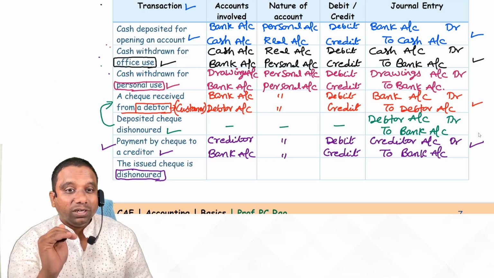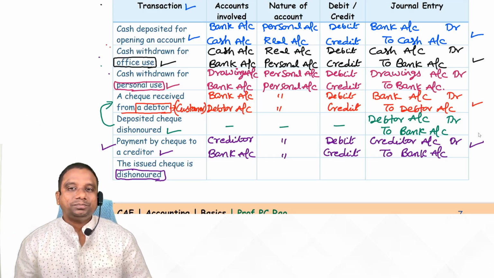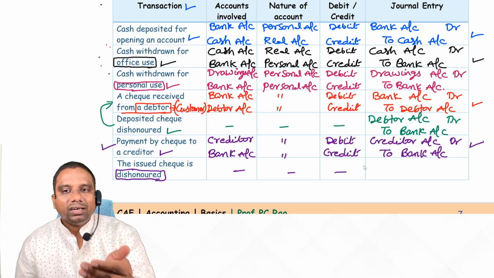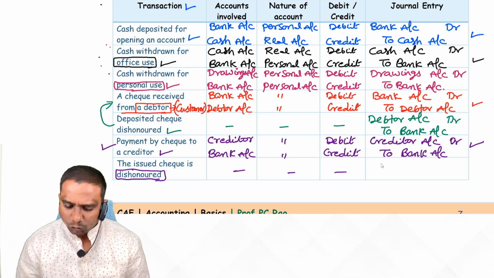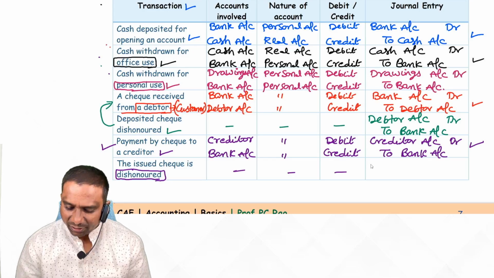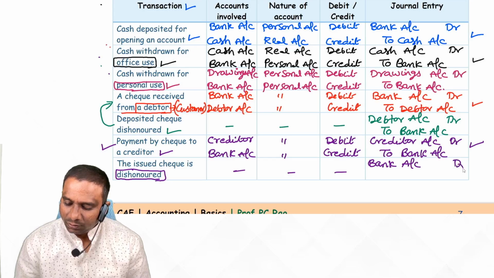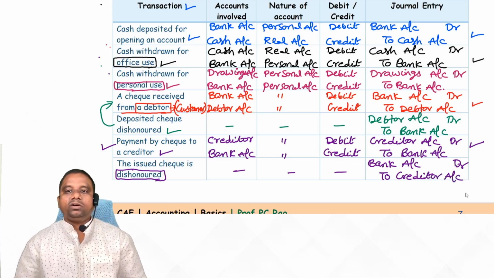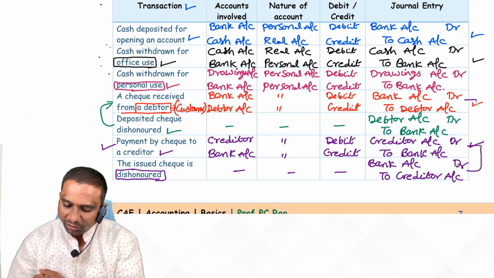But now the check we gave earlier became dishonored. Immediately, the entry we wrote earlier gets cancelled. How do we cancel that entry? Reverse of the previous entry. Bank account debit to creditor account. Observe, students.